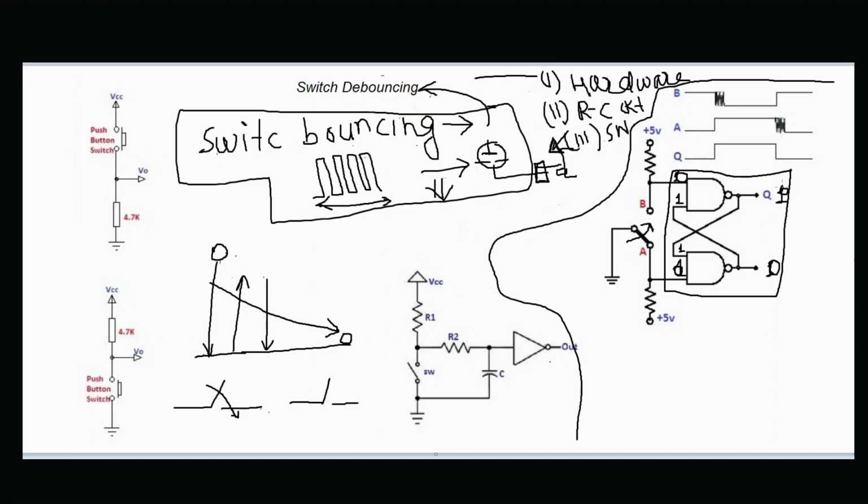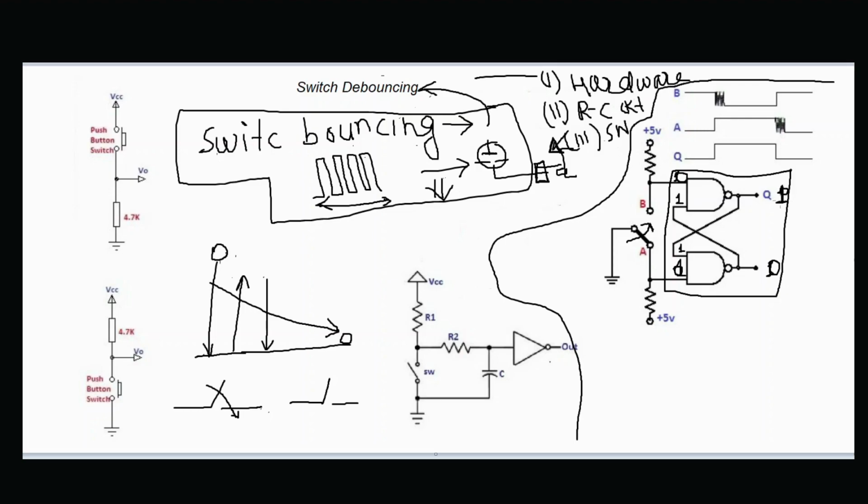So now we have a 1, and the switch is at B. So even if there are multiple fluctuations, because there is a feedback 0 over here, it will always be 1. It will not change its state.